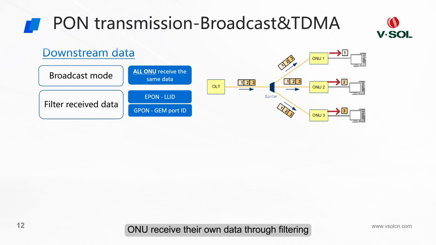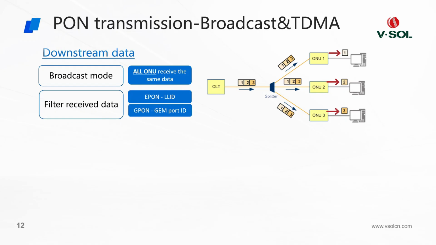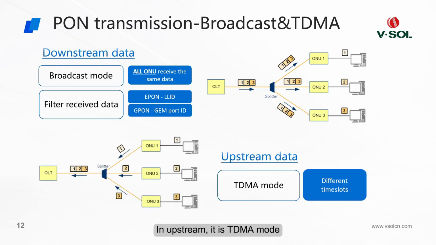ONUs receive their own data through filtering. In upstream, it is TDMA mode. The upstream link is divided into different time slots. The upstream time slots are allocated to each ONU according to the upstream bandwidth map field of the downstream frame.